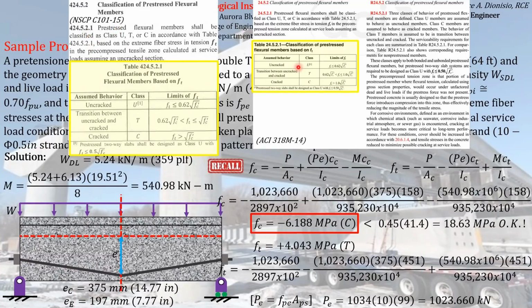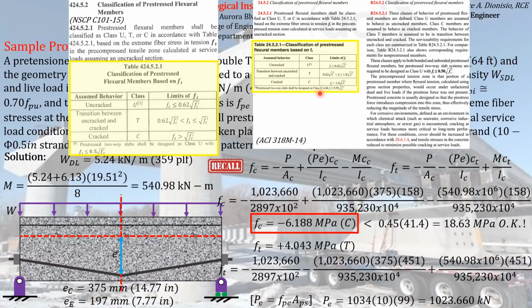You can refer to the table given. The two codes have a similar table, because again, we know for a fact that our local code adopted this international code, the ACI code. If you look at the table, you can see here the stress limitations for you to be able to say that the section of a concrete is still uncracked or cracked.